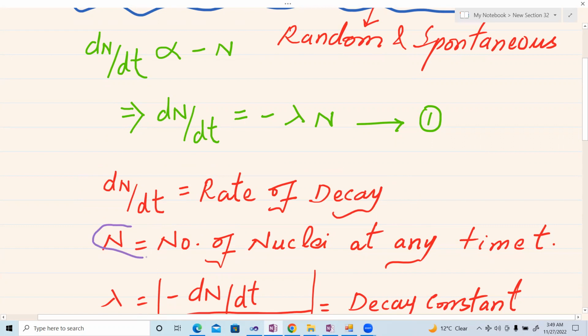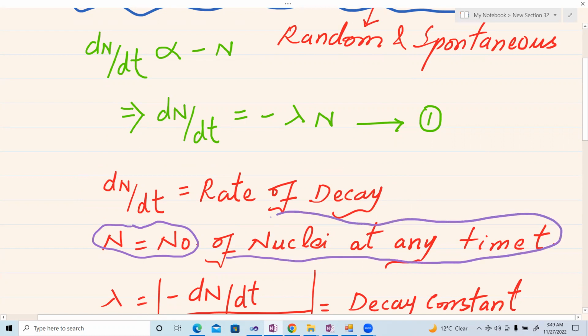And here, N is equal to N naught at the start, at t equal to 0, and at any other time it might be other than N naught.